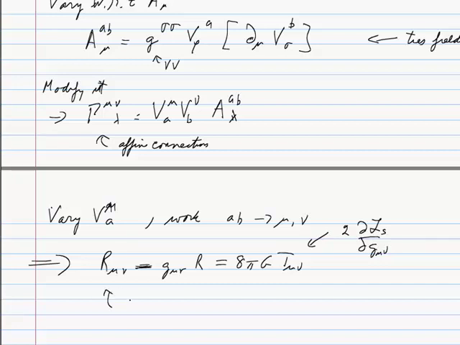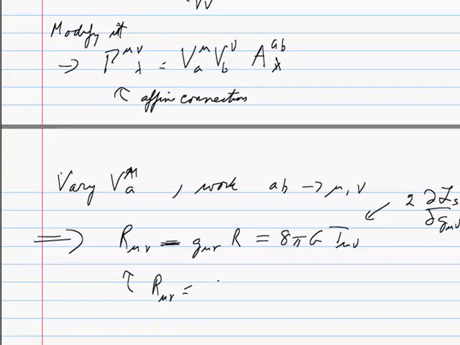And this R here is g^{μσ} V^λ_a V_σ^b R^{a}_{b λν}. Actually, no, it's λν, sorry. Okay, so it's also constructed out of our previous field.